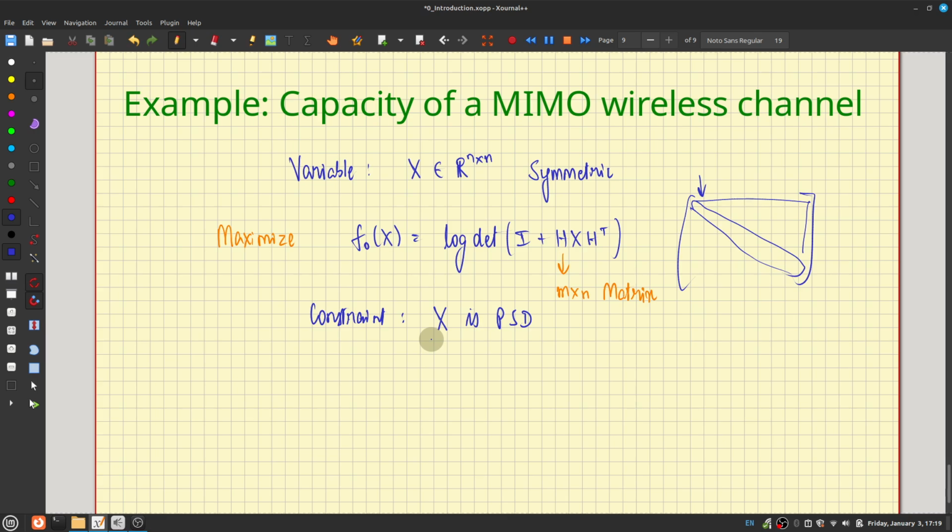We'll see that this set behaves like a cone. We have an intuitive idea of what a cone looks like: it's pointed at one end and spreads outwards. The set of positive semi-definite matrices has many mathematical features of cones, and we can use that to design algorithms to solve such optimization problems.